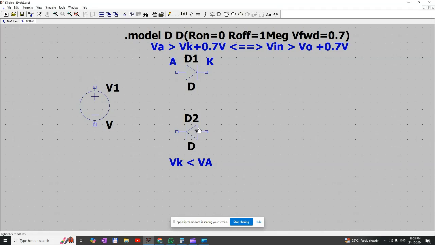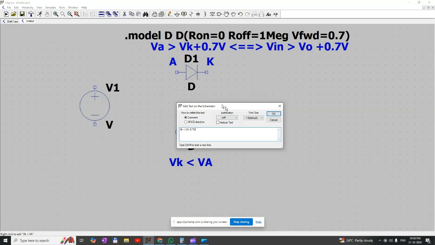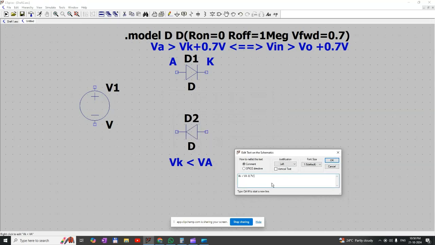Here also this is a practical diode with 0.7 volt cutoff voltage, so due to this the VK must be 0.7 volt lesser than the anode.